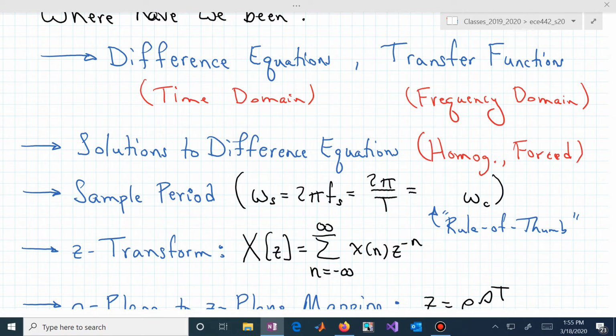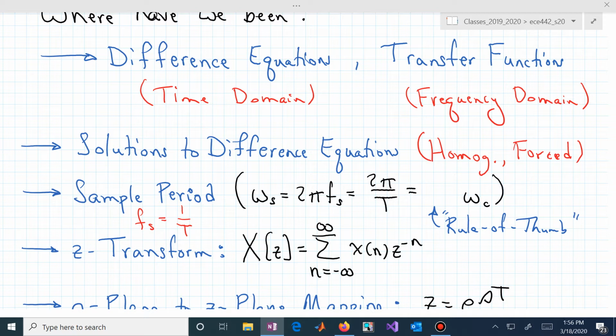Those are related to the sample period by 2 pi over T, or we know that the sampling frequency in hertz is the reciprocal of our sample period, 1 over the sample period. The sample period has units of seconds per cycle. Now we invert that and we get cycles per second.